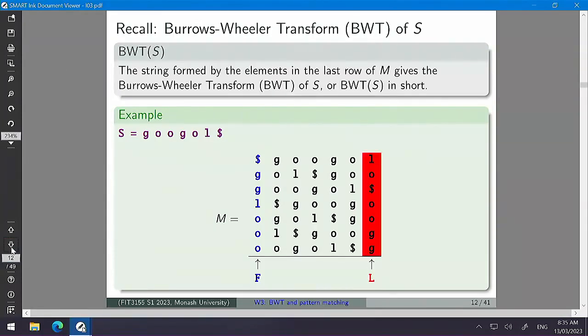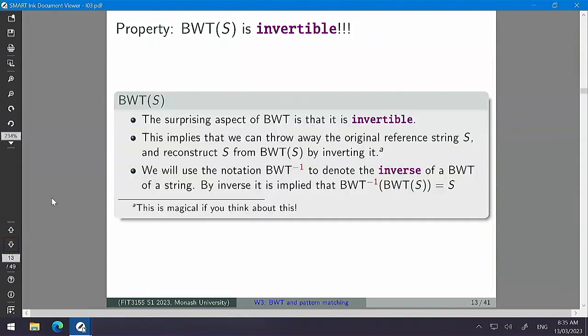So we already said that the last column is the Burrows-Wheeler transform of a string. When you talk about the Burrows-Wheeler transform of GOOGLE, you're talking about the string E$OOGGL.